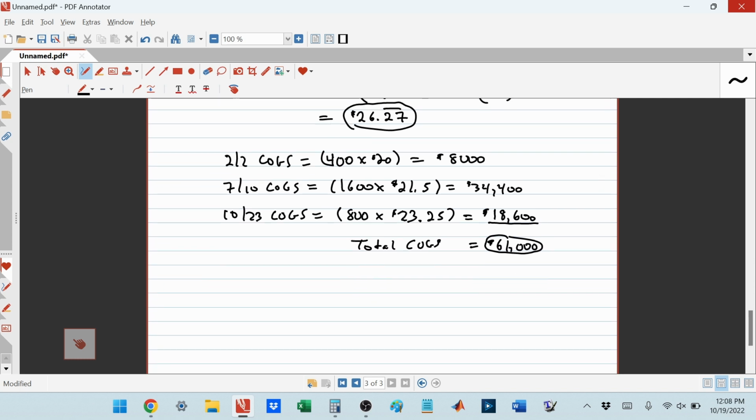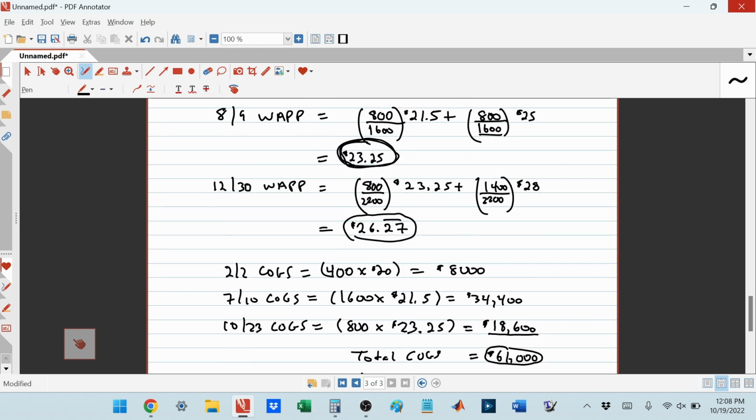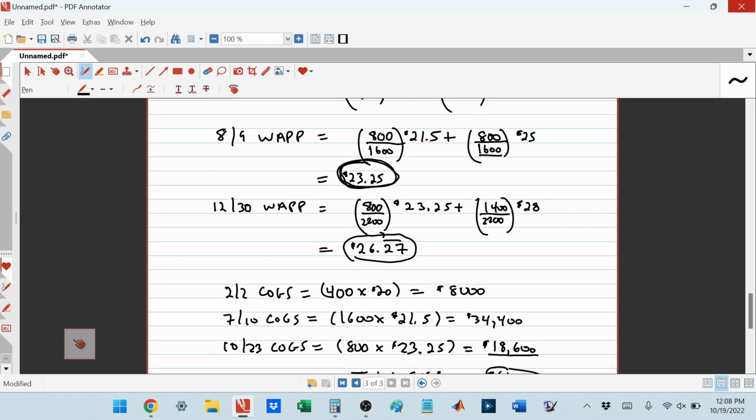What about ending inventory under weighted average perpetual? Well, we know there are 2,200 units left at the end of the year. And from the standpoint of the end of the year, what's the most recent weighted average purchase price? It's the one computed on December 30th, which is one day back in time from the end of the year.